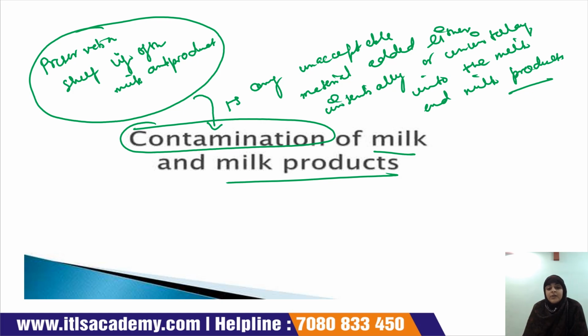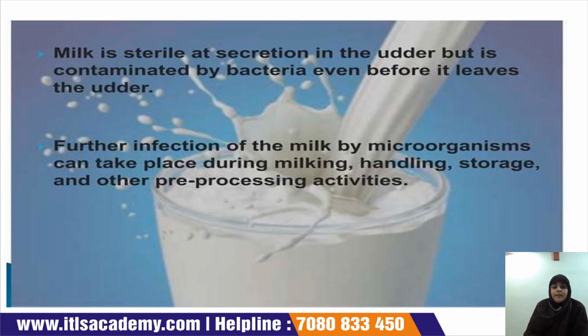Okay, so we are going to discuss it. Milk is sterile at secretion in the udder but is contaminated by bacteria even before it leaves the udder. At the time of secretion, the milk is totally sterile.